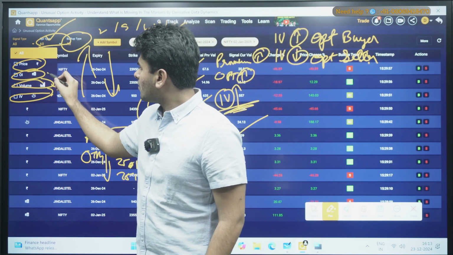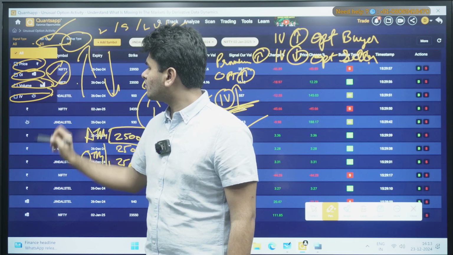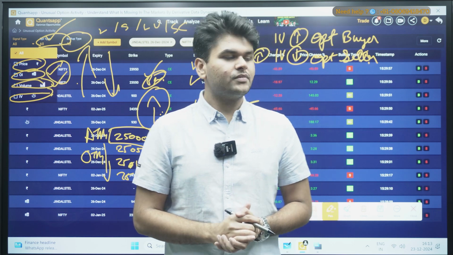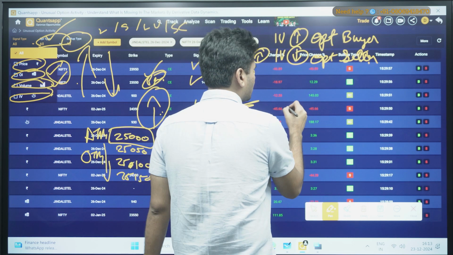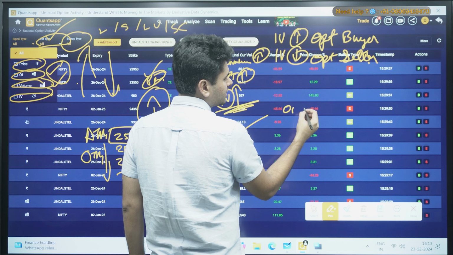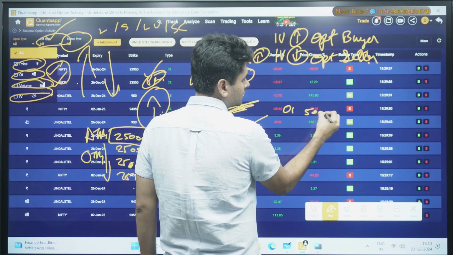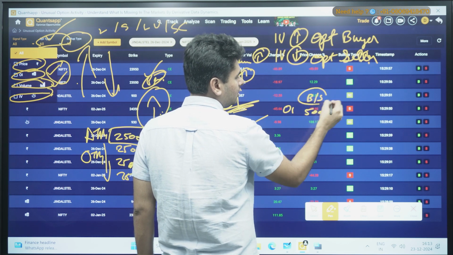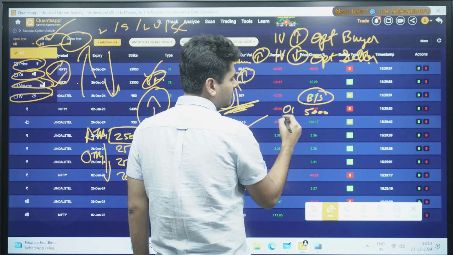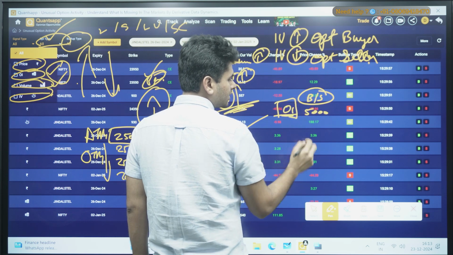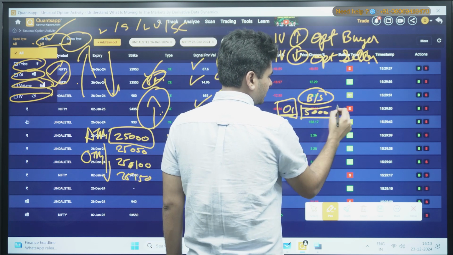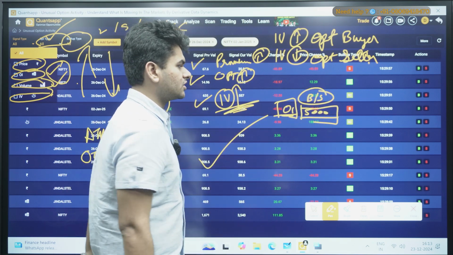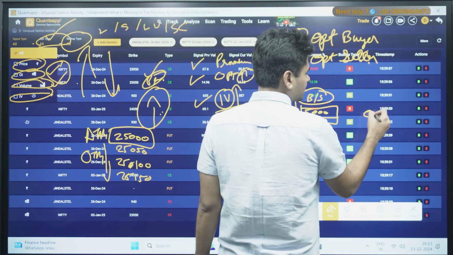Next we'll talk about the OI. So OI and volume somewhat correlate, but there is a minor difference between them. Let's suppose the quantity being traded is 5,000. Some buyer and seller agreed to a trade, so now we are seeing an open trade of 5,000 quantity. When the buyer or the seller squares off his position, the OI turns to 0.